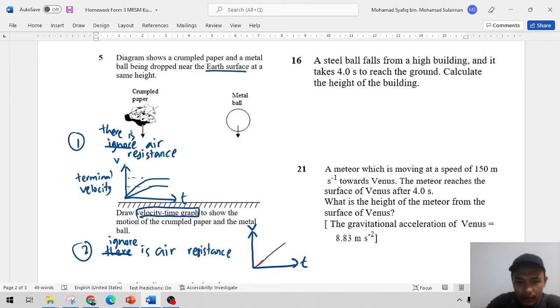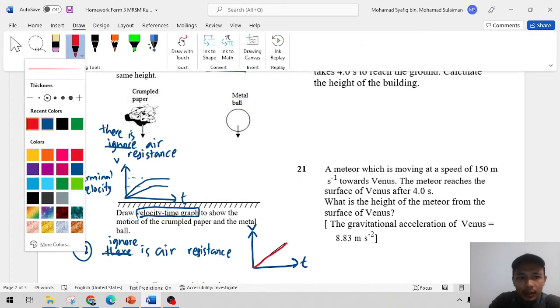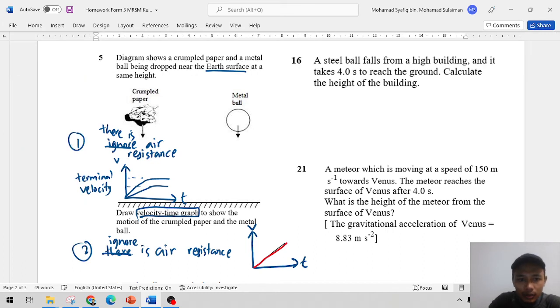Sorry, I made a mistake in the beginning. So here is the graph if there is air resistance, and the second graph is if we ignore the air resistance.